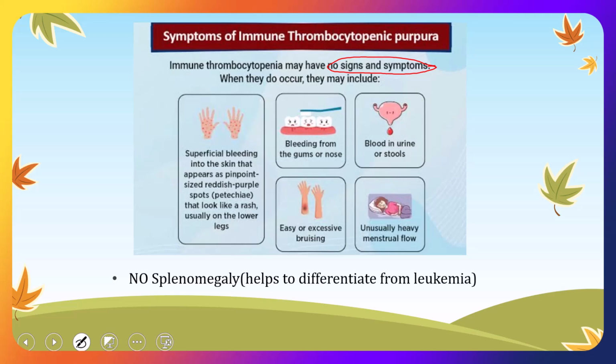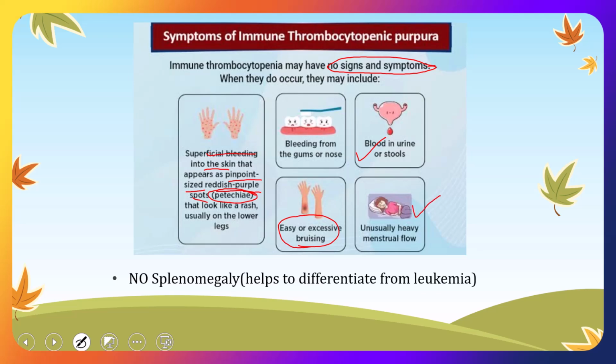They include superficial bleeding into the skin that appears as pinpoint size, reddish purple spots known as petechiae that look like a rash, usually on the lower legs. The patient can complain of bleeding gums or bleeding from the nose, easy or excessive bruising on the body, blood in the urine or stools, and the female can complain of unusually heavy menstrual flow.